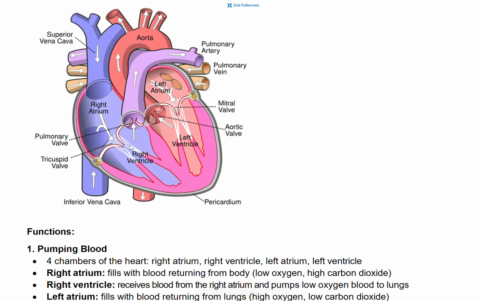And what you actually hear when you hear the heartbeat is the valve slamming shut after opening, right? So that first beat is from this tricuspid valve and this mitral valve, right?